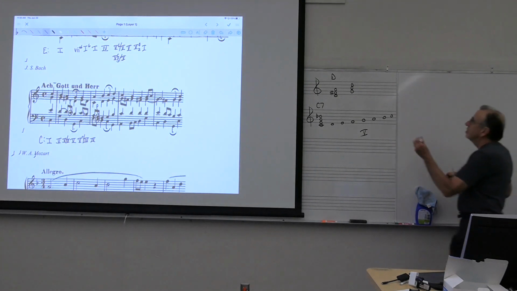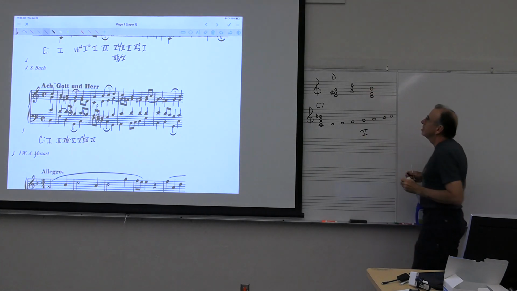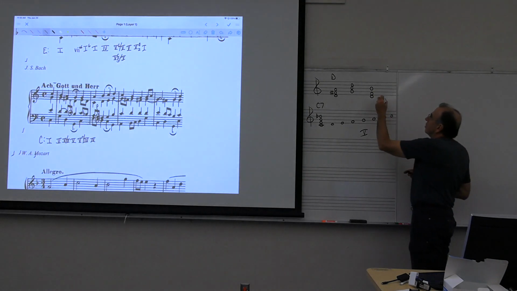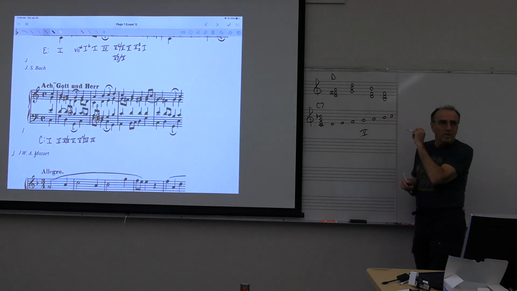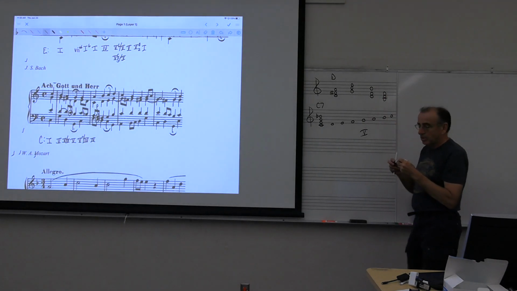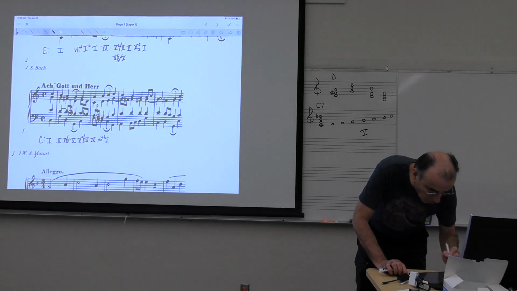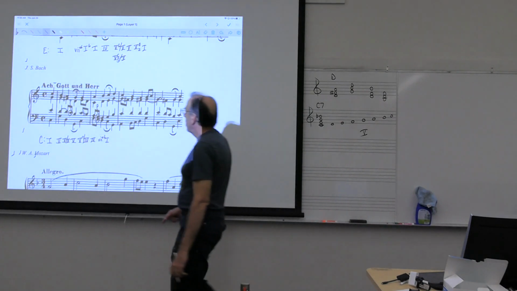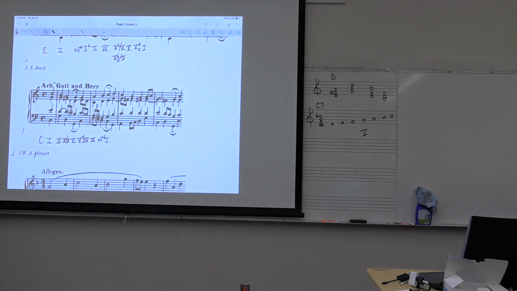So if it's D, F, and B, then the root would be B. It's a 7, in first inversion. So it's 7 diminished in first inversion, and then we get to 1 for the cadence there. And that progression makes sense, right? 4 to 7 to 1, very typical progression.